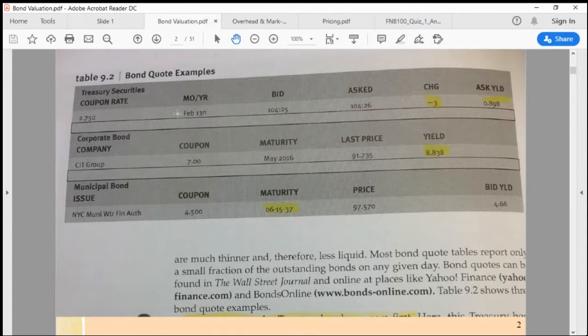So the next safest borrower will be AAA bonds. And the AAA bonds will pay slightly higher than this, but not much, right? And then there will be AA, who will pay slightly more than AAA, and there will be single A borrowers who will pay better than AA, and there will be triple B borrowers who will pay better than single A. And I don't know what is the credit rating of CIT Group today.